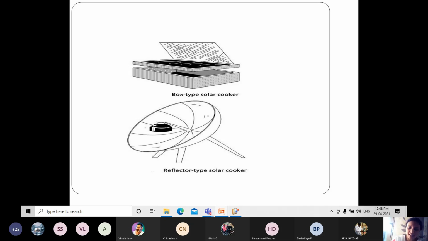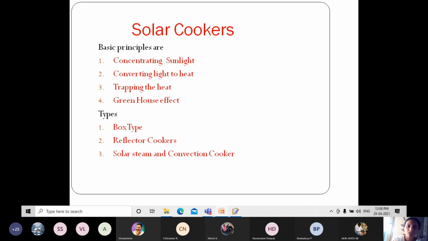Next is solar steam and convection cookers. They use vapor or hot air as a heat transfer medium.